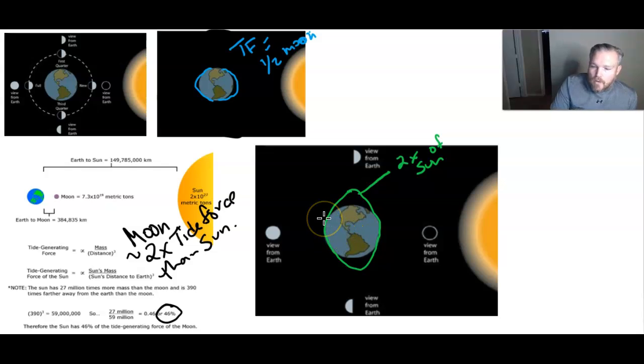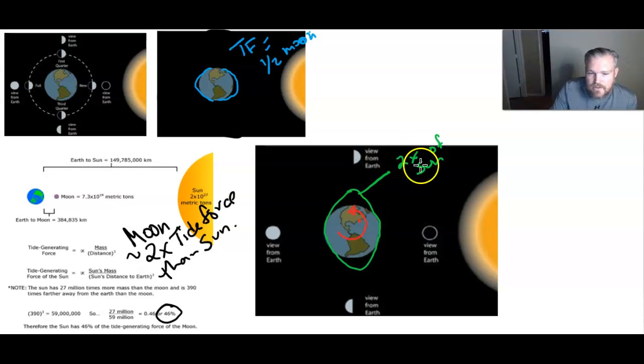Now, what happens is this. Say we're right here on the East Coast. The Earth is going to be rotating around within that bulge. So as you rotate around in a 24-hour period, you rotate through this bulge, out of that bulge, back through this bulge, out of that bulge, and then your 24-hour day is up.